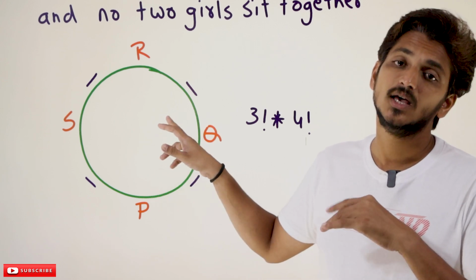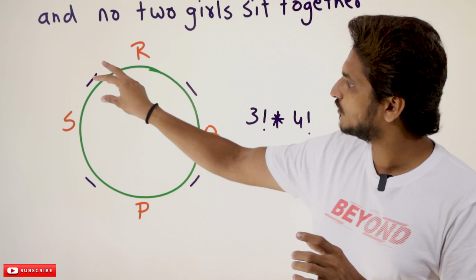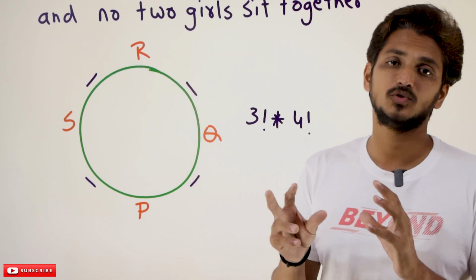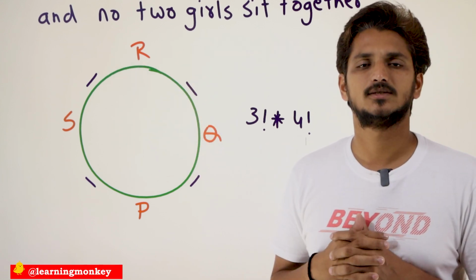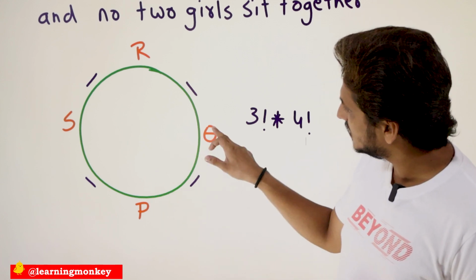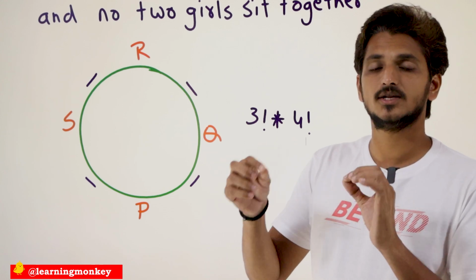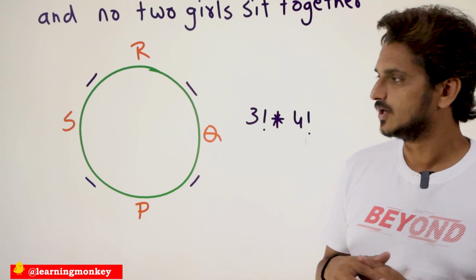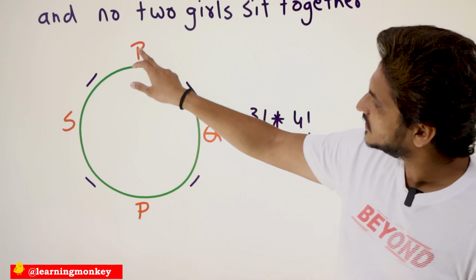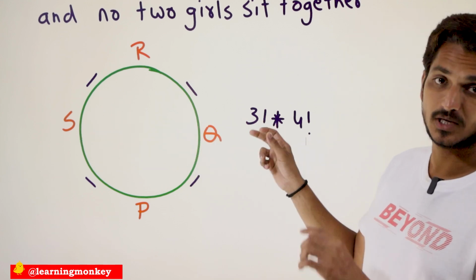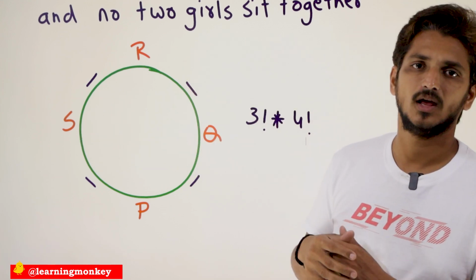Don't consider it a circular way, because we have 4 positions. You need to fill these 4 positions with 4 girls. For each of these boys patterns, you are going to arrange 4 girls in 4 positions. The boys pattern can be arranged in 3 factorial ways, because we take it in a circular way.